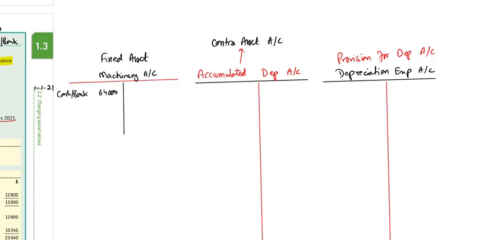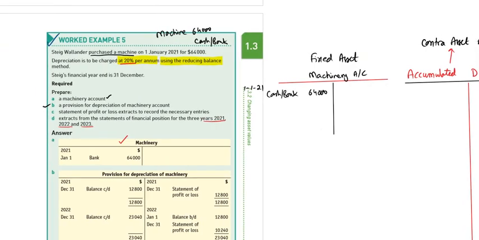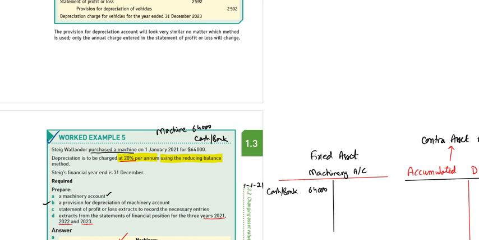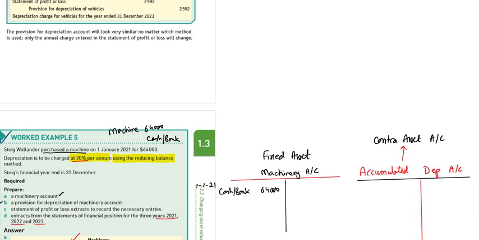Okay, now let's start. The first year we will calculate depreciation at 20%. If we solve this question in a straight form, on 1st Jan 21 the cost of the machine is 64,000.